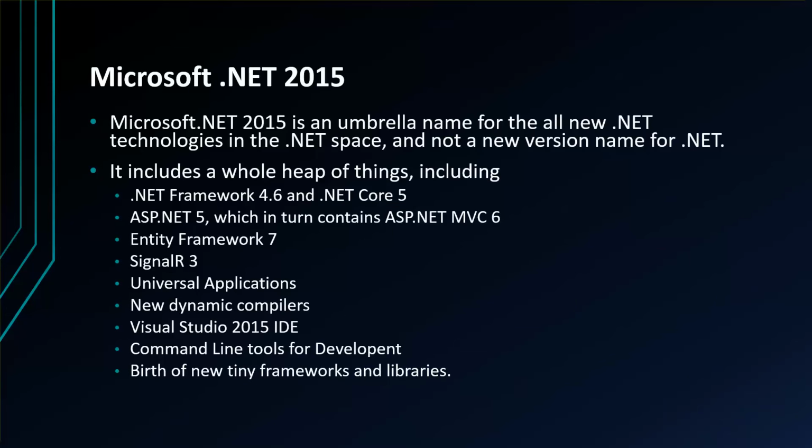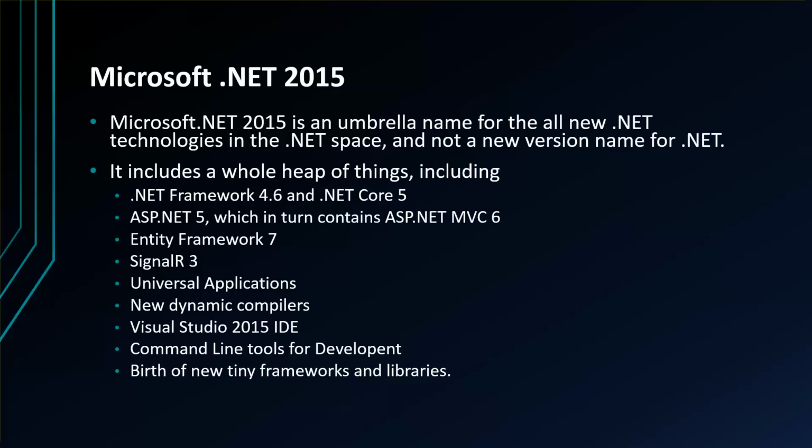So what exactly is Microsoft .NET 2015? Microsoft .NET 2015 is an umbrella name for all recent .NET releases, but it is not a new version of .NET. It is a bunch of recent releases together that we call .NET 2015.